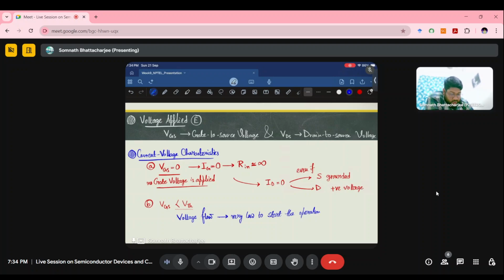This voltage is called the channel voltage. So there will be VC, but there will be no channel formation. To form the channel, we need an increase in this value. So whenever we are giving a VGS greater than VTH, we have enough VC, and the channel starts to form.